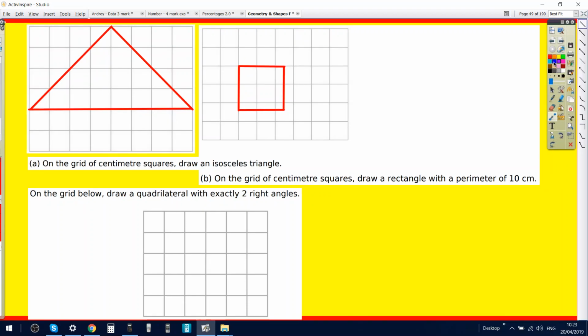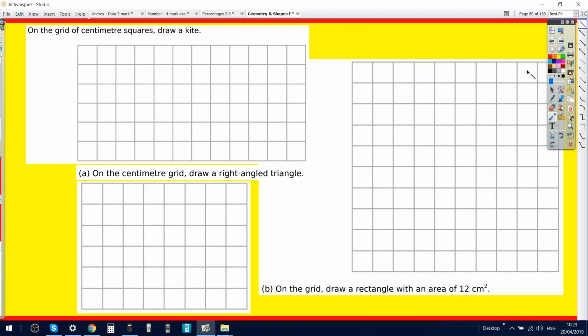Yeah, so half of it would be 3 and 2, and the other half would be 3 and 2. So 5 and 5, and that would give you 10 as well. The other one's kind of a square.